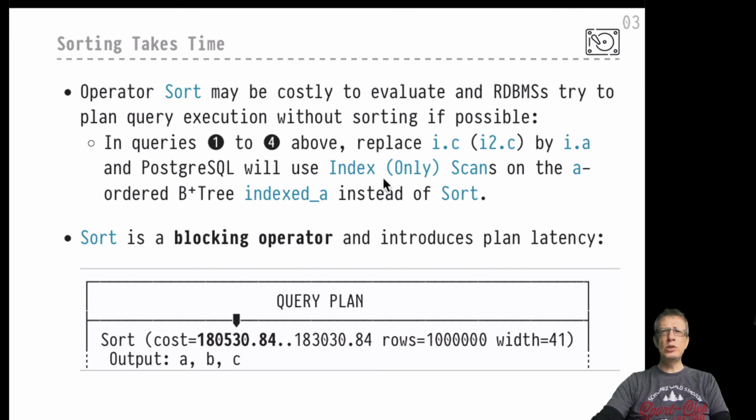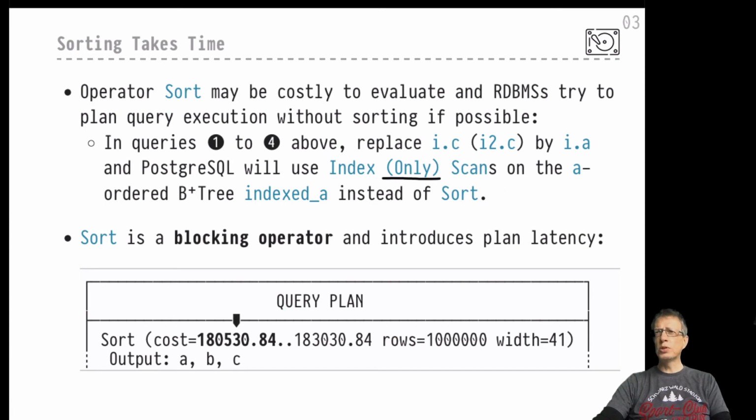Sometimes we may even use the index only variant of the index scan and be even cheaper in these particular cases. So if sorting can be avoided at all, the system will indeed try to do that.